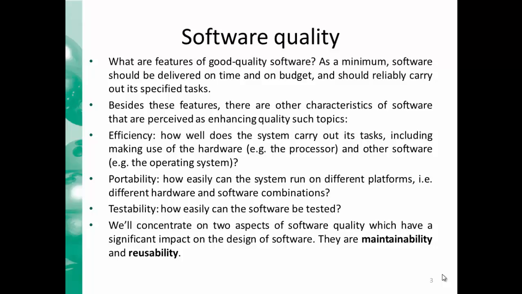The minimum quality in a software should be at least to deliver the software on time and on budget, meaning not to exceed the cost, and to deliver a software that is reliable when carrying its tasks.